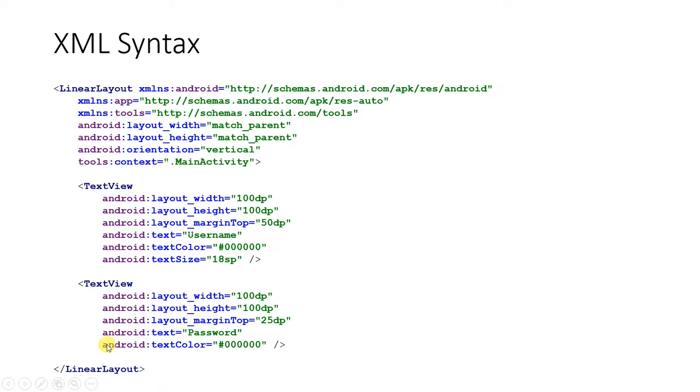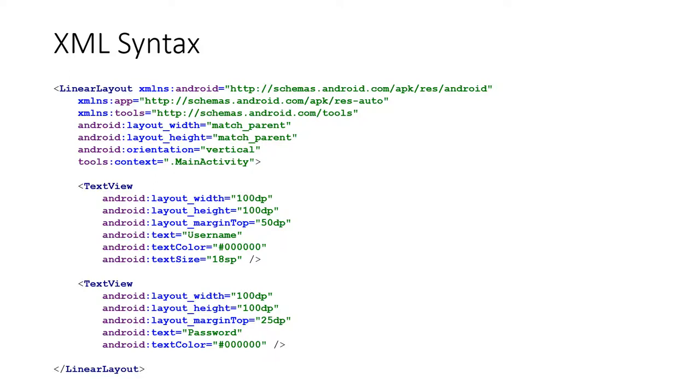As you can see, in this example, our closing tag for this linear layout is made up of an open angle bracket followed by a /, the view name, and a closing angle bracket. These two text views in the linear layout are referred to as children elements for this linear layout.